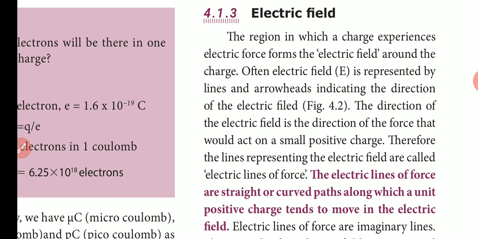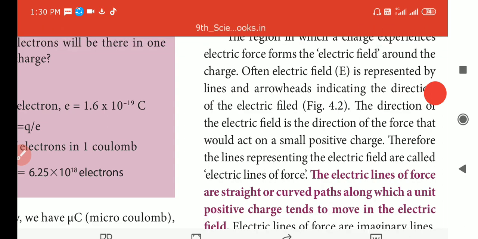The region. எந்த ஒரு ரீஜியனில் எலக்ட்ரிக் ஃபோர்ஸ் அதிகமாக இருக்கோ, எந்த ஒரு இடத்துல எலக்ட்ரிக் ஃபோர்ஸ் அதிகமாக காணப்படுதோ அந்த பிளேஸை தான் நம்ம என்னன்னு சொல்லுவோம்? எலக்ட்ரிக் ஃபீல்டு அப்படின்னு சொல்லுவோம். Often, electric field E is represented by lines and arrows that indicate the direction of the electric field.